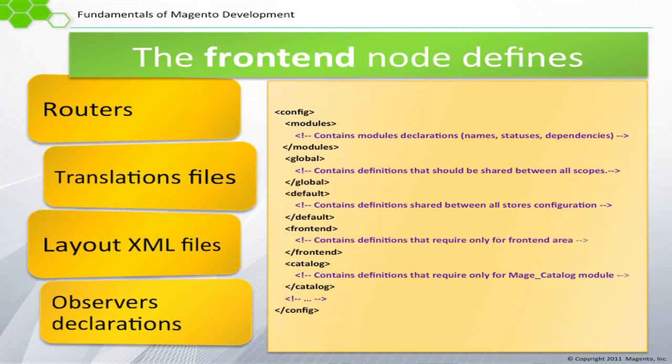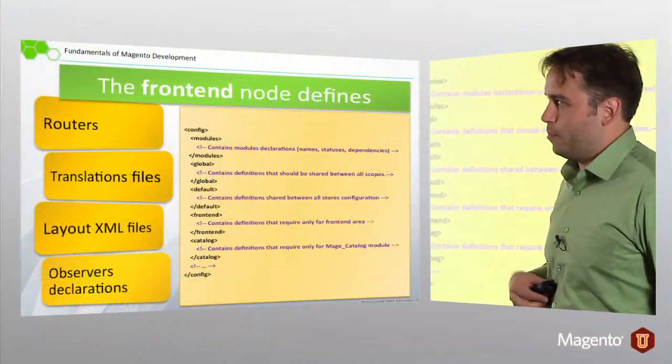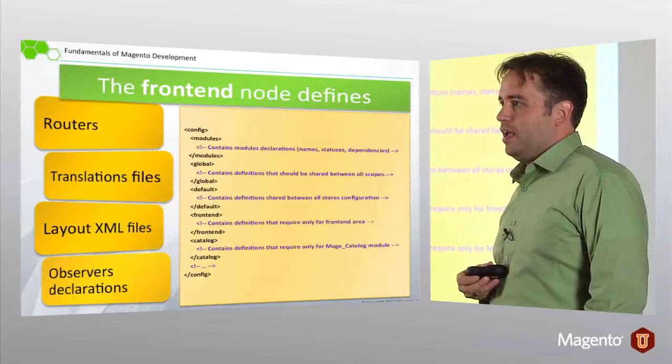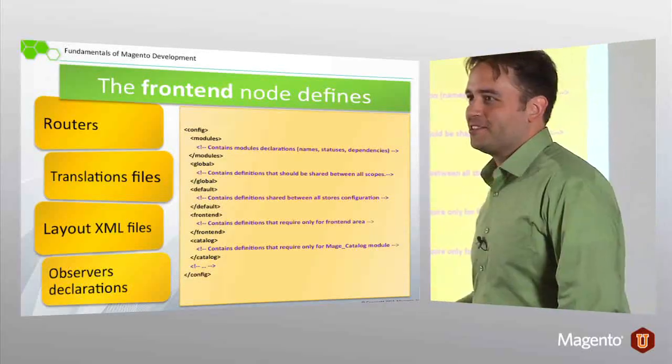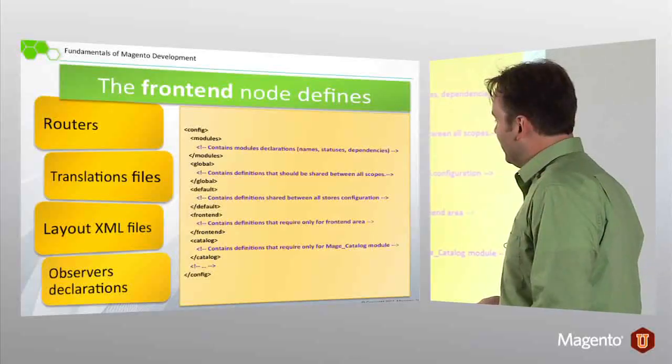So in the different area nodes, for frontend or admin, we might set up routers, and these are the things that actually handle the requests that come in and determine how we're going to match that request and dispatch controllers. And of course, we get very tactile with that in a day or so.